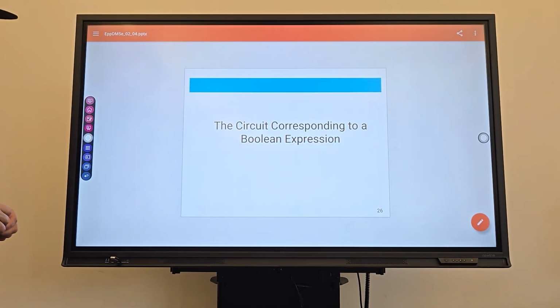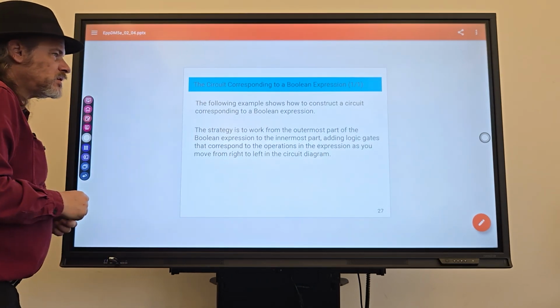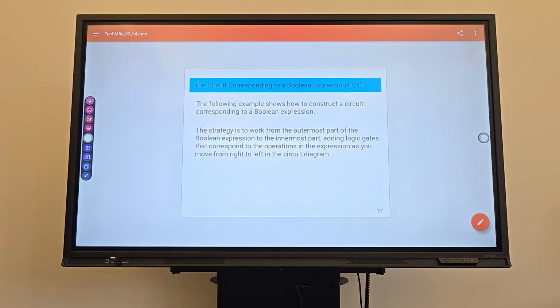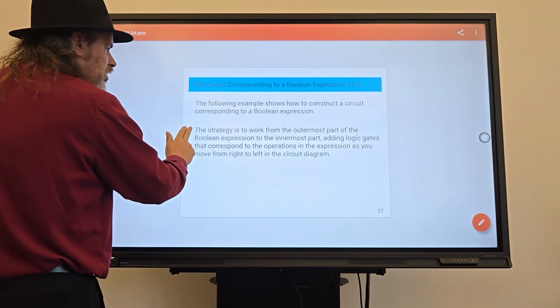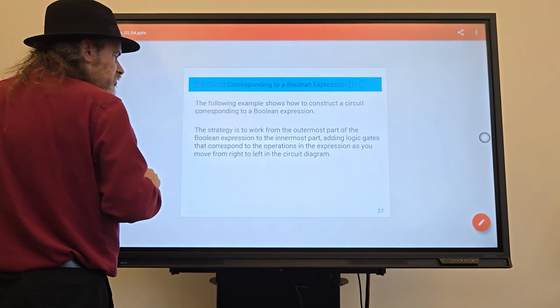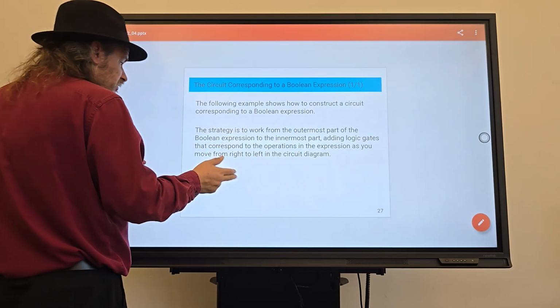The circuit corresponding to a Boolean expression. You construct a circuit corresponding to a Boolean expression basically the opposite way you do a Boolean expression from a circuit. It's the opposite process. You move right to left instead of left to right.